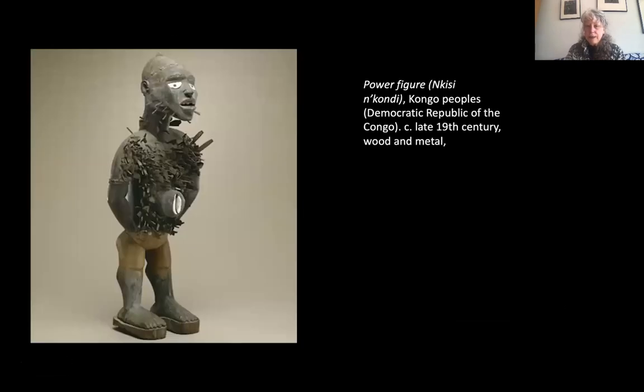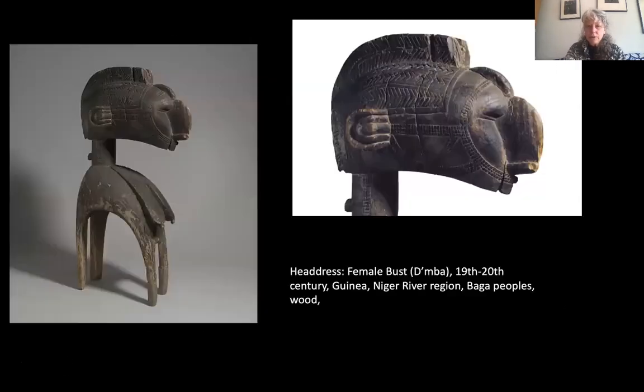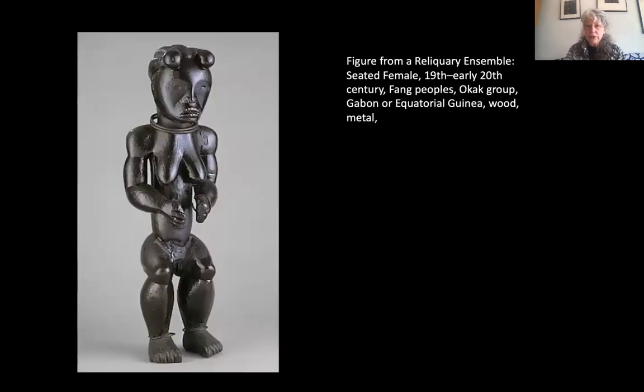And in the same way, Picasso, when he saw figures like this, went to a museum in Paris called the Trocadero and saw some figures like this around 1906 or so, at a time when his friends were also interested in these objects and were collecting them.